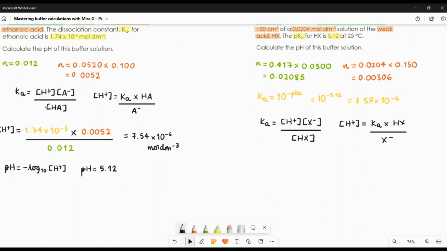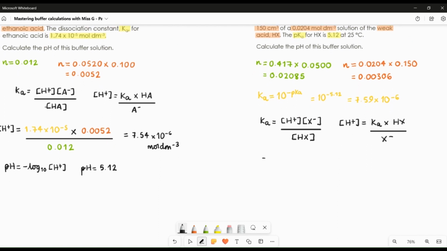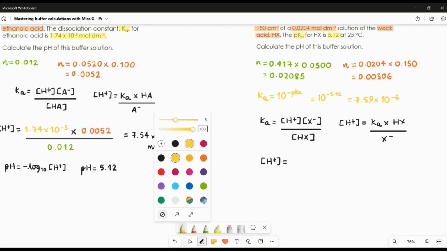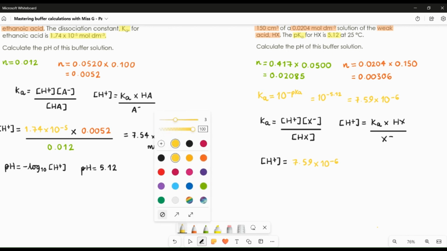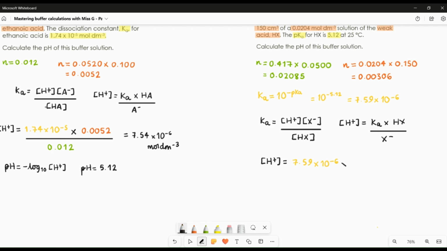Now we can just sub the numbers in to that rearranged Ka expression. So Ka we just worked out as 7.59 times 10 to the minus 6. And then I'm going to be timesing that by the moles of the weak acid, which is 0.00306.